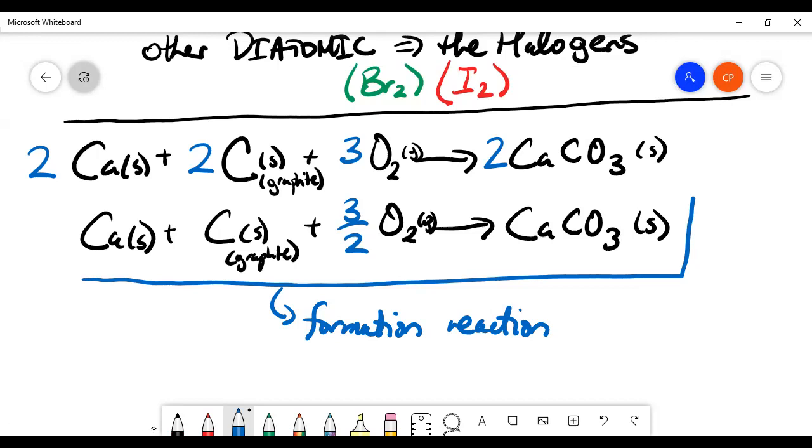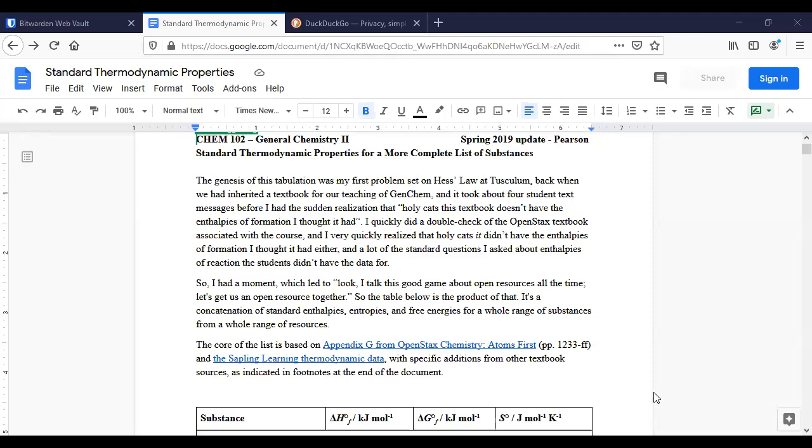And I actually have a table that is going to be linked off of Canvas of these types of reactions. That tabulation is called a standard thermodynamic properties table. And this is a standard thermodynamic properties table that I personally have put together for our use in this course.